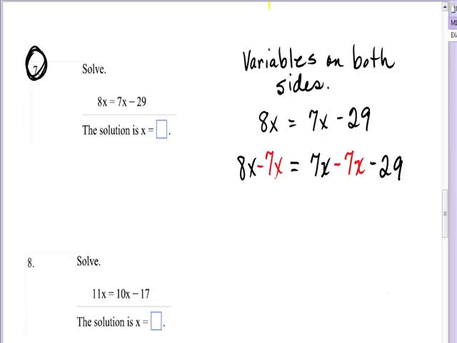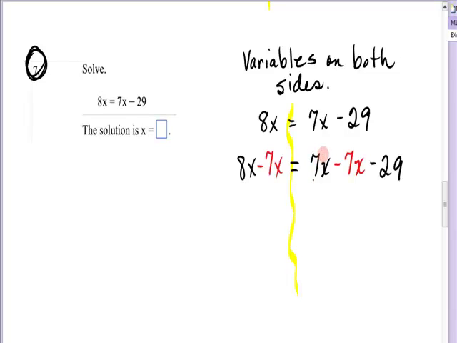There are other shortcut ways to write this, but this is a very traditional way. And you know what? I forgot the barrier. There's the barrier. I have variables on both sides, which is not going to work. I have to get rid of one of them. I choose to get rid of the smaller one. If it's positive, I subtract. If it happened to be negative, I would add.